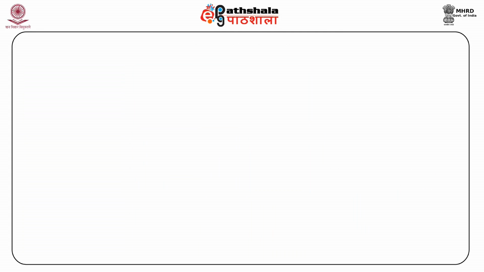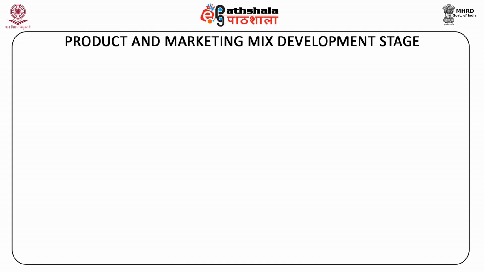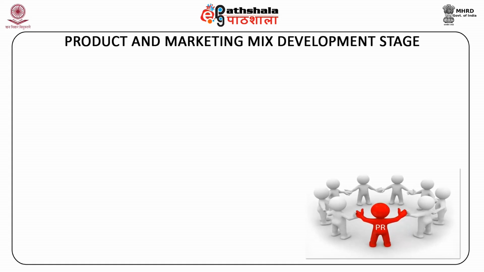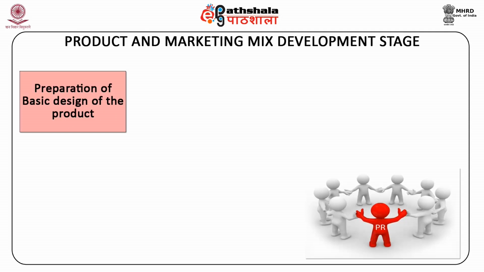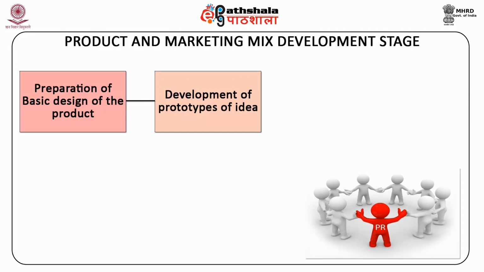Next, we will be talking about product and marketing mix development stage. Ideas passing through the business analysis enter into the product and marketing mix development stage. At this stage, with the help of research and development department of the organization, the basic design of the product is prepared and certain prototypes of the ideas are developed.